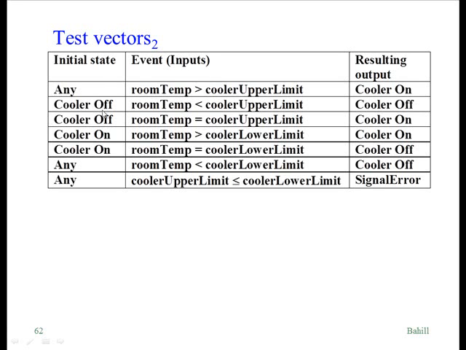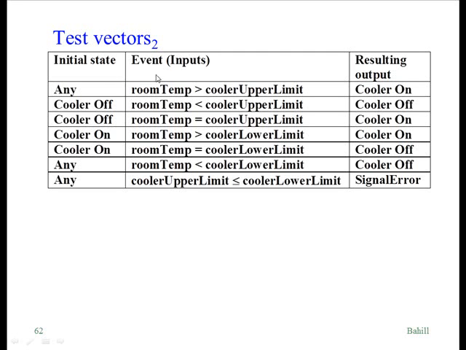Remember, the input to the cooler is going to be coming from the controller. Where is the controller getting the input? The controller is getting the input from the thermostat. The thermostat is getting input from the temperature sensor. Where is the temperature sensor getting information from? From the ambient temperature in the house.